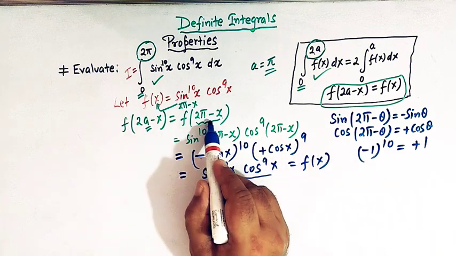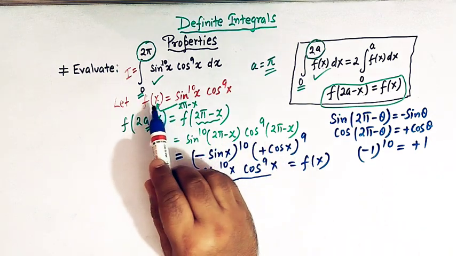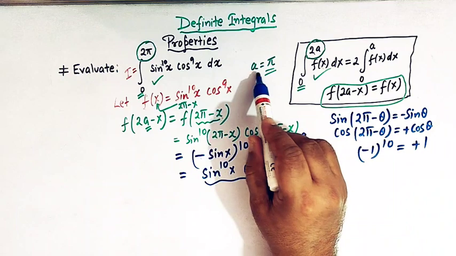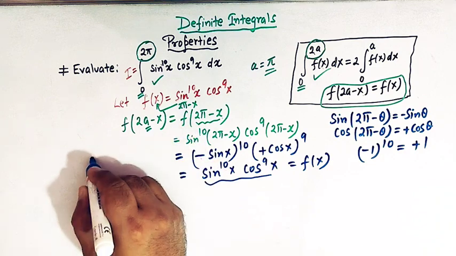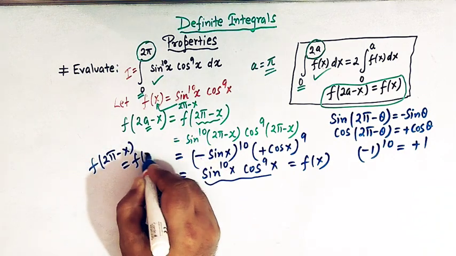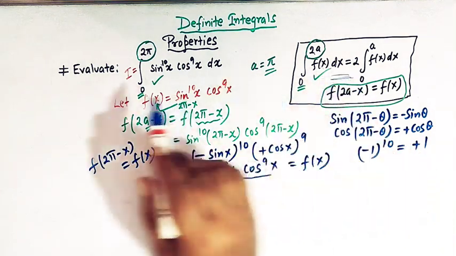So we have seen that this condition is satisfied by this function f of x when a is equal to pi. So f of 2 pi minus x is equal to f of x, and we can apply this property to this integral.